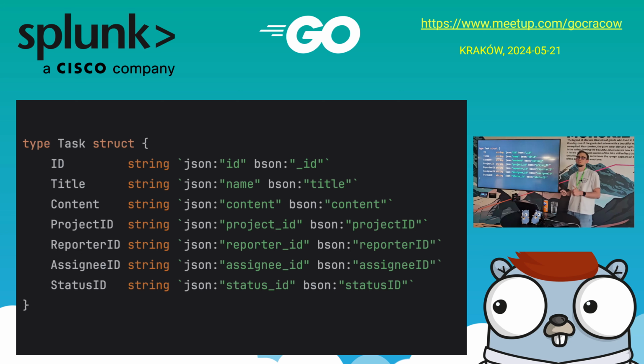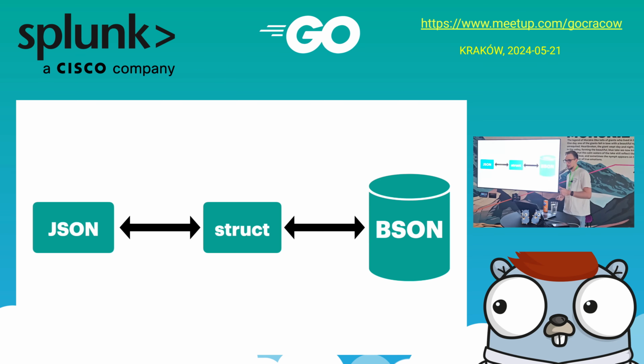If you don't know BSON, it's binary JSON. It's what MongoDB uses for storage, for marshalling. This was pretty straightforward because we had this one model for each entity in the code, and we could just map between the REST API and the database with this struct, right?